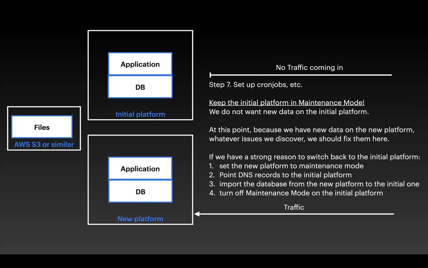It's much easier to follow the base rule: never allow traffic to go to both platforms. So if you have to go back, set the new instance to maintenance mode, create a database dump, import it on the initial platform, then update the DNS records and allow traffic to go to it. And then figure out, fix that, and start from step one.